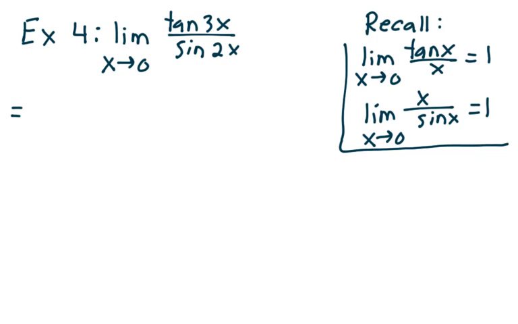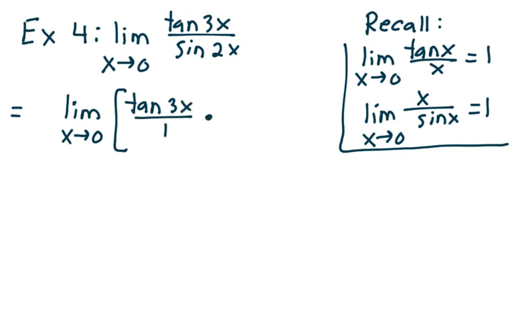So what I'm going to do is write the limit this way. I'm going to write this as tangent of 3x divided by 1 times 1 divided by sine 2x. Okay?